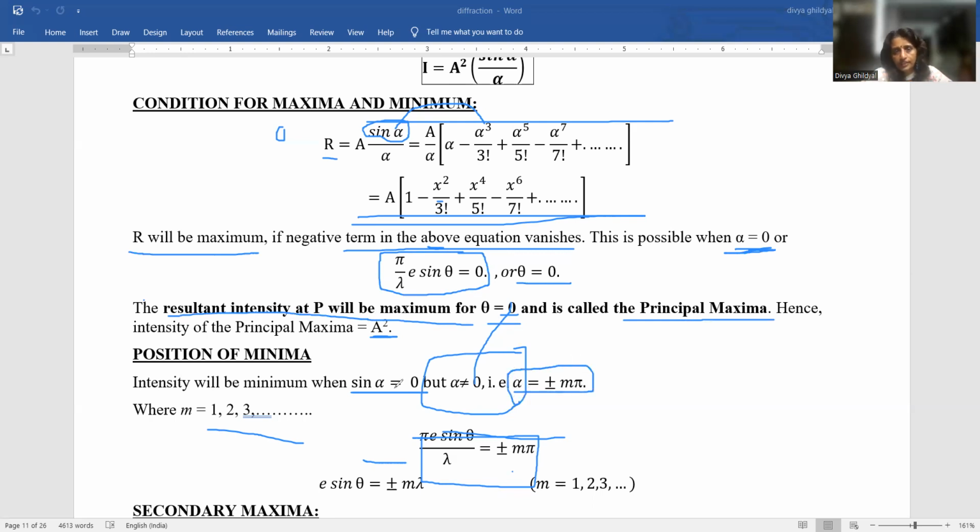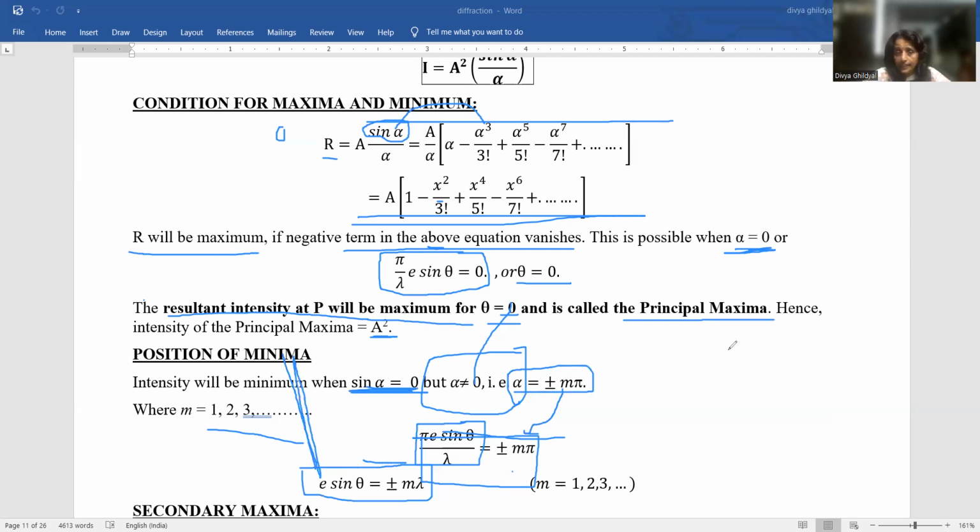We will put this condition for this expression to be equal to 0. Not forgetting that alpha is pi e sine theta by lambda. So alpha will come out 0 at these points, plus minus m pi. So e sine theta equal to plus minus m lambda will be the position of minima.